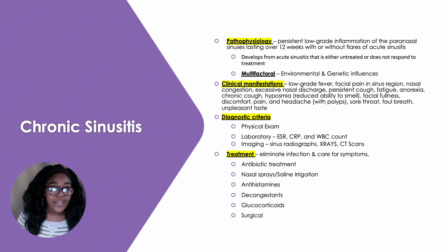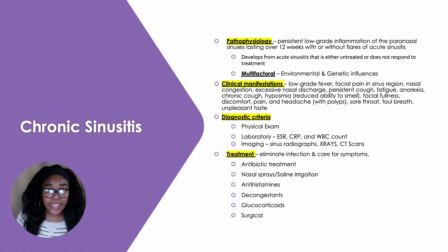Here we're discussing chronic sinusitis, and the pathophysiology is similar to that with acute sinusitis, with the exception that you have low-grade inflammation in the paranasal sinuses that lasts 12 weeks or more without flares of acute sinusitis. So what that is saying is that acute sinusitis can lead into chronic sinusitis, or you could just have the same infection for over 12 weeks that developed.